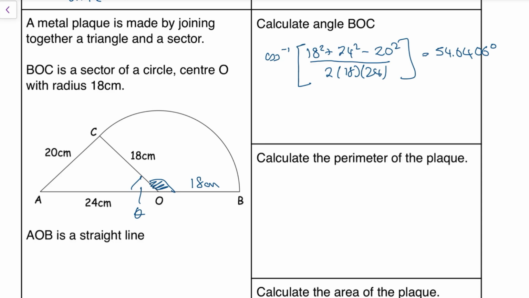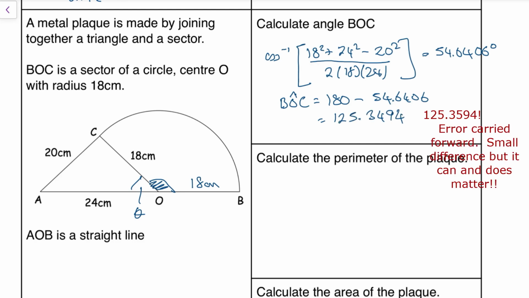Now, that's theta, but I want BOC, so angle BOC is 180 minus that, 54.6406, which is equal to 125.3594. Now, in an exam, this is my unrounded answer I'm going to use in further calculations, and my answer I'm going to present is 125.3 degrees to 1 decimal place.